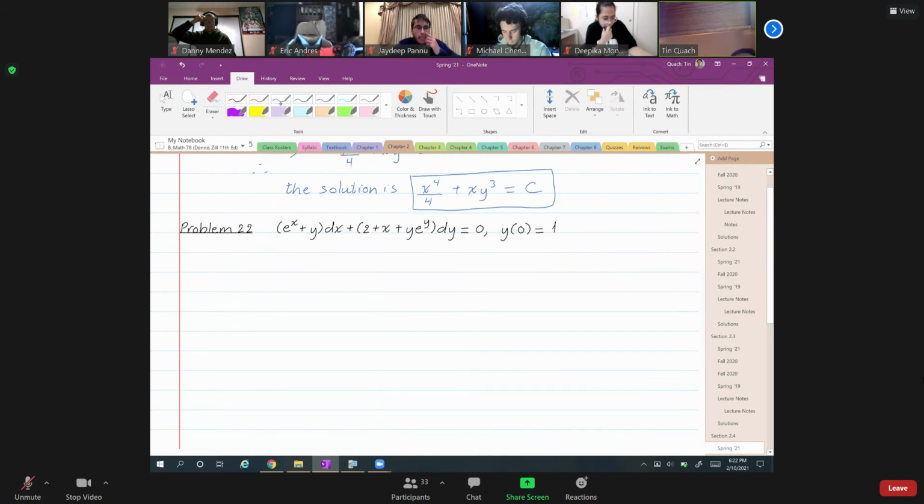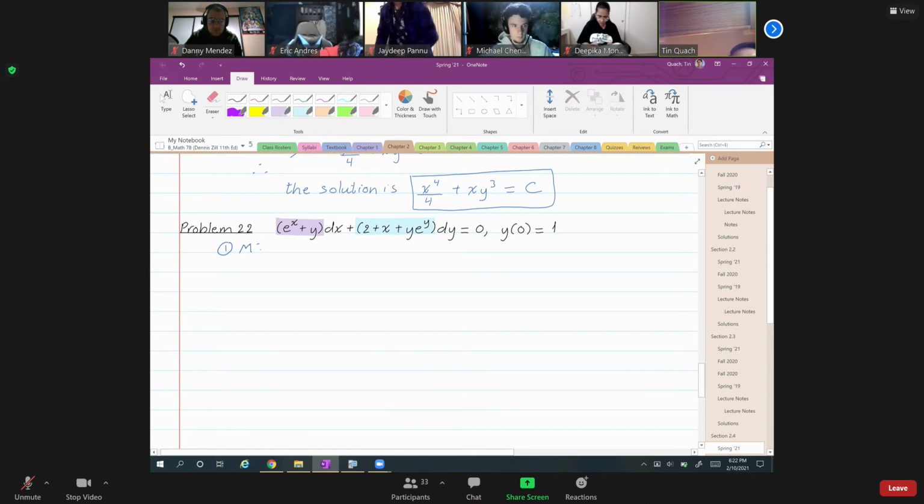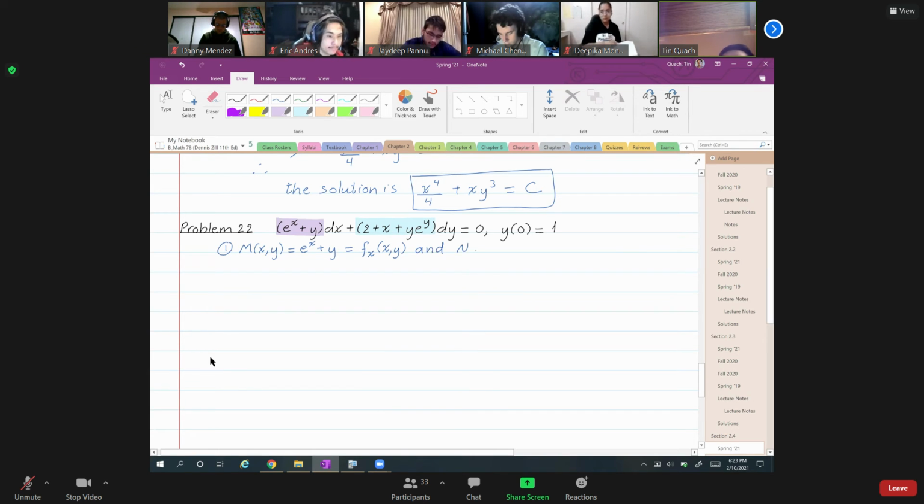The expression in front of the dx is M, and the expression in front of the dy is N. M is actually the partial derivative of f with respect to x, and N is 2 plus x plus y e to the y, and that is actually the partial derivative of f with respect to y.